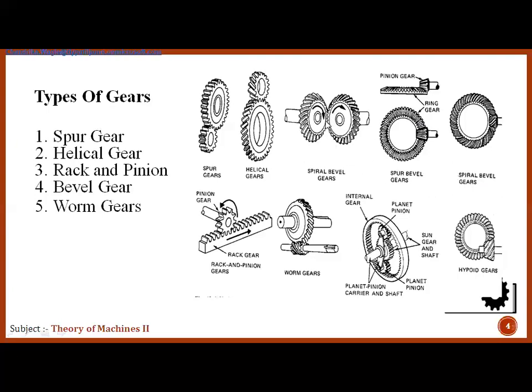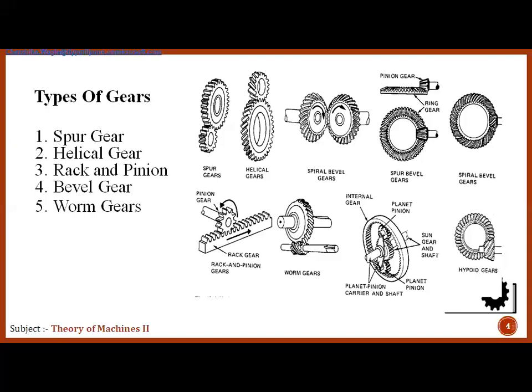Then worm gears, worm and worm wheel basically. So these are the worm gears. If we want a 1:100 gear ratio, we can increase the motion maximum from 1 to 100, or reduce it from 100 to 1.